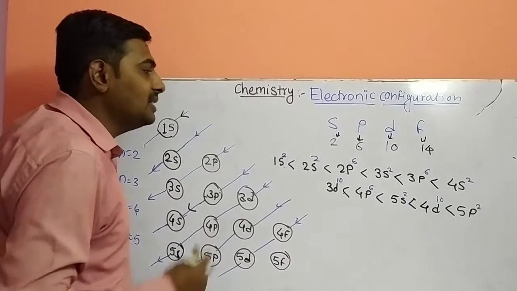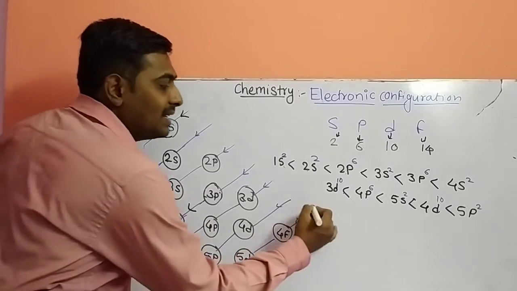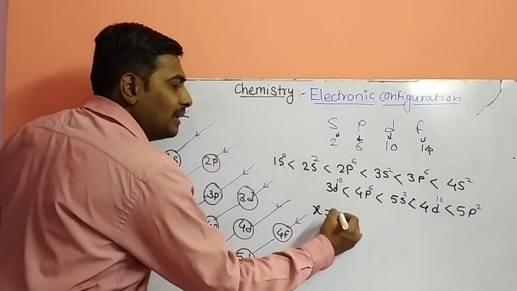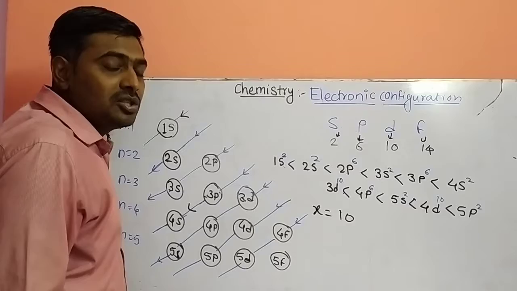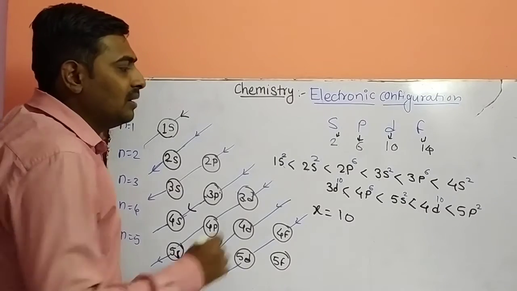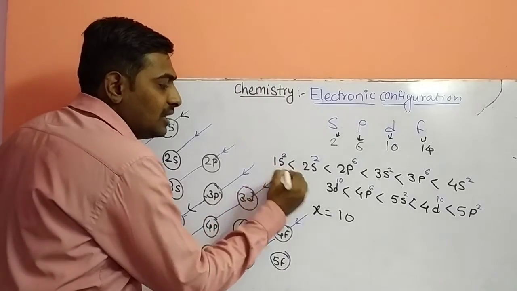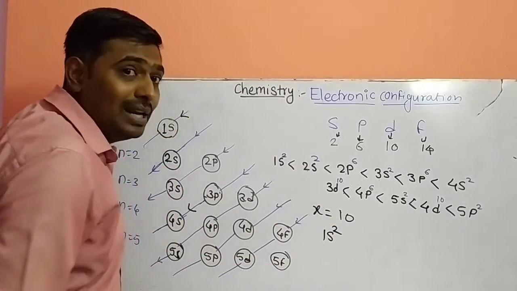Let's consider an atom X with atomic number 10. How are the electrons filled? The s orbital has a capacity of 2 electrons, so 8 electrons remain.